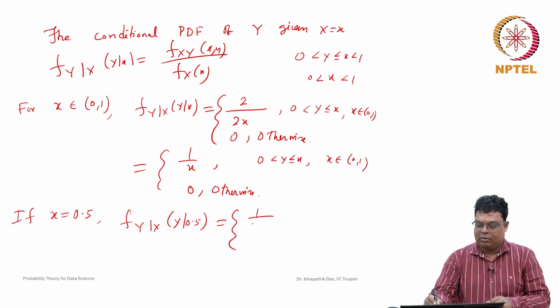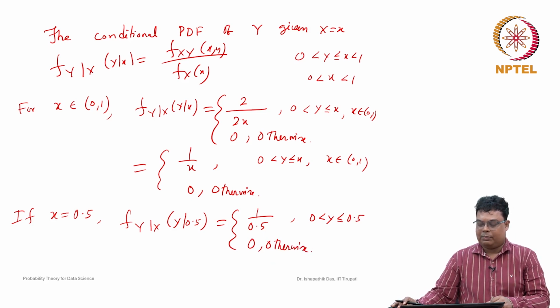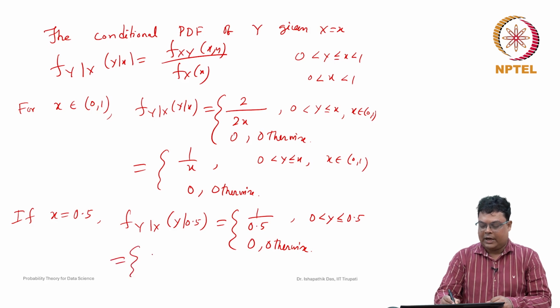So let us write 1 by 0.5 whenever 0 less than y less than or equal to 0.5, and 0 otherwise. This is the probability density function, and we can write it in simplified form: 2 whenever 0 less than y less than or equal to half, 0 otherwise.